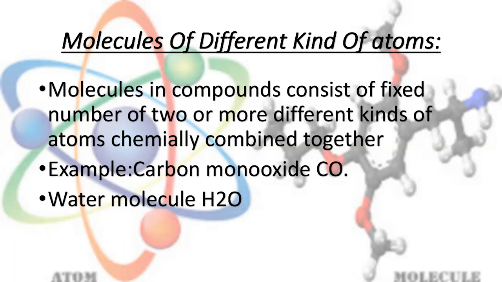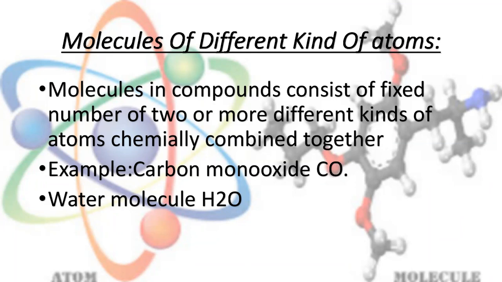Second is the water molecule, H2O. The formula of water is H2O. A water molecule consists of two hydrogen atoms and one oxygen atom. A water molecule consists of how many hydrogen atoms?